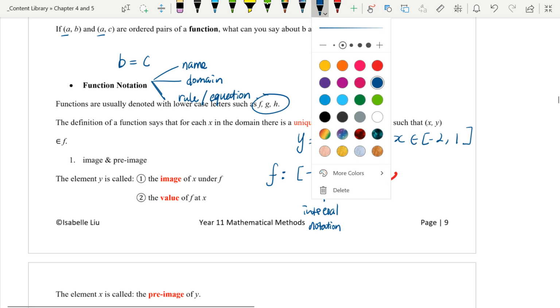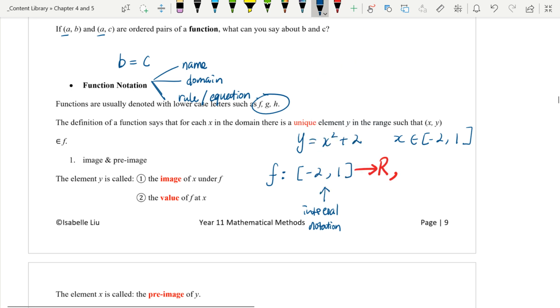The next thing is, what is the rule? I want to see the rule. So for the rule, I still repeat the name. The name is F. And then I need to give my variable. So my variable is X in this case. So bracket variable. If your variable is A, you should write bracket A here. So F of x is x squared plus 2.